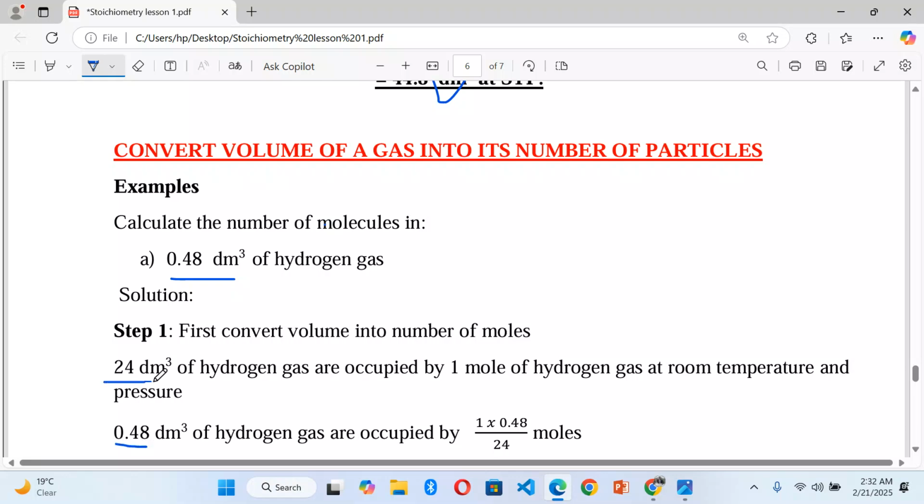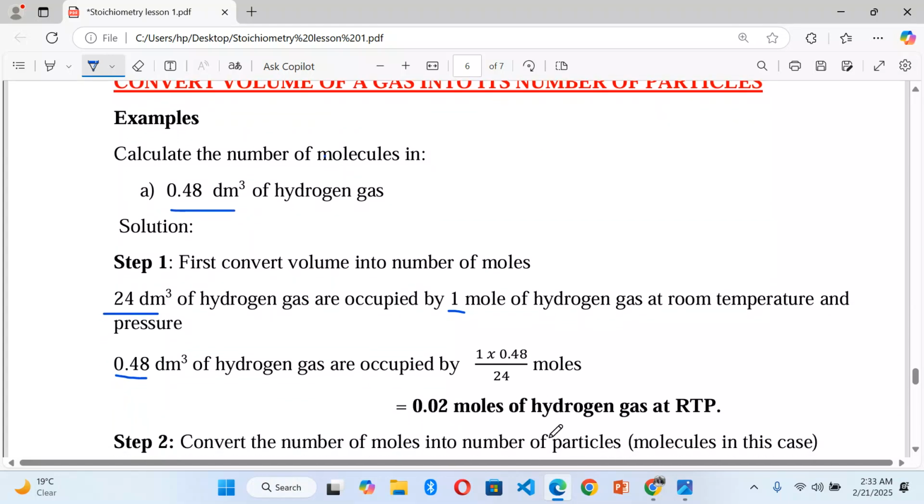If this 24 is occupied by 1 mole, what about the 0.48? Which means 0.48 will be 1 over 24 times 0.48, giving 0.02 moles. I believe this is clear. After that, use a calculator and you get the number of moles, and there you get your mark.